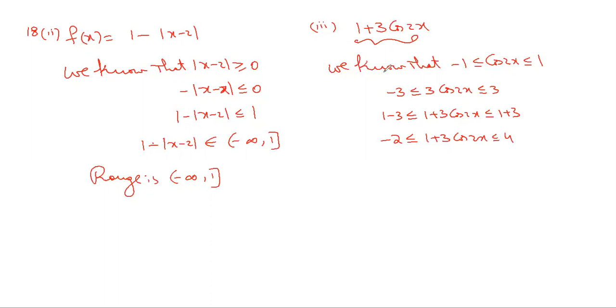We started from the known fact of where cos 2x lies, and we could reach where 1 plus 3 cos 2x lies. So 1 plus 3 cos 2x belongs to closed minus 2 to 4. So the range is minus 2 to 4.